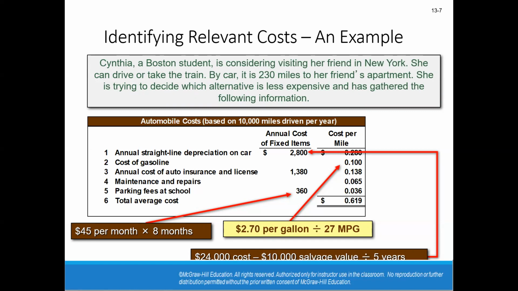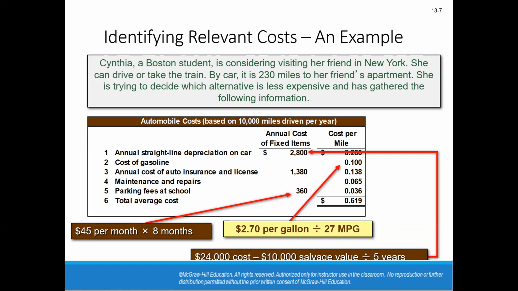So she decides on the cost per mile. She can figure it out at 61.9 cents per mile. She's looking at the cost of gasoline, the annual cost of insurance, but is that relevant or not? The annual straight-line depreciation of the car, is that relevant or not?